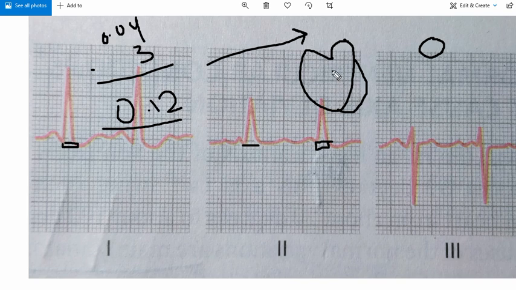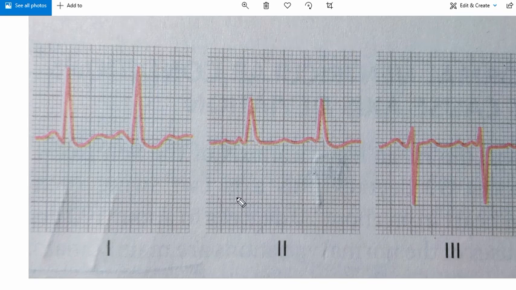That's why the QRS wave is also elongated a little, covering one small box more than normal conditions, and our resultant QRS vector has been deviated towards the left side. From the given ECG, you have now interpreted that the patient is suffering from left axis deviation, and you have also interpreted that the patient is suffering from hypertrophy of the left ventricle.